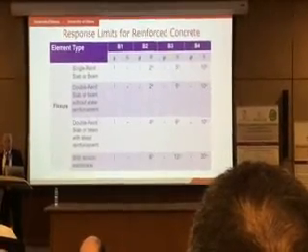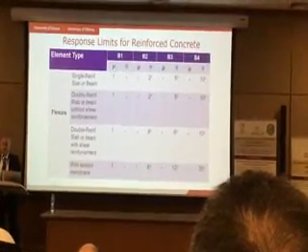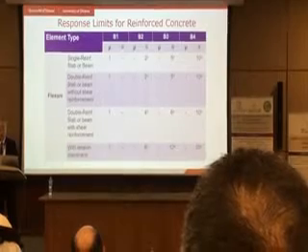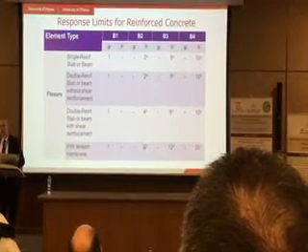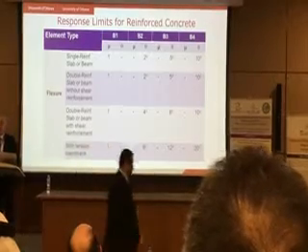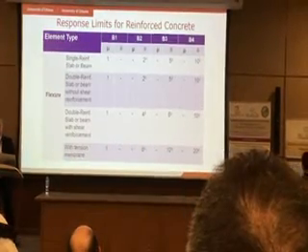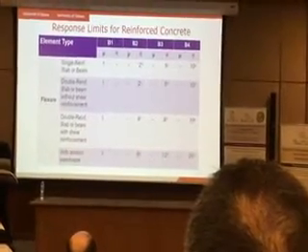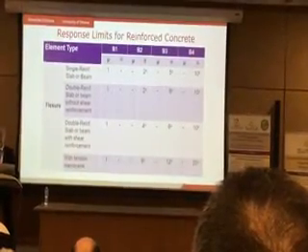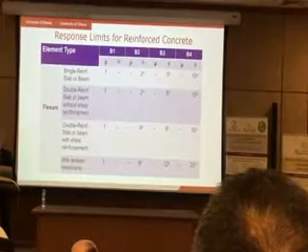Response limits are specified either in the form of ductility ratio, which is mu, or in blast engineering, funny enough, they deal with support rotations. In structural engineering, we like to deal with ductilities. In earthquake engineering, we talk about ductility because that's a measure of inelastic deformation.